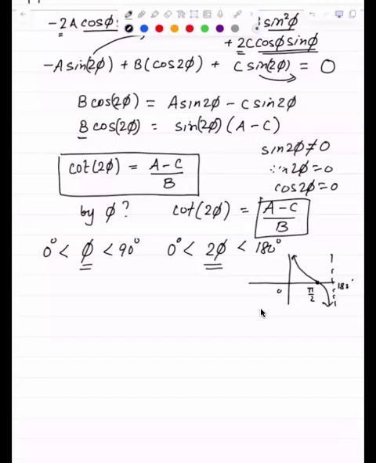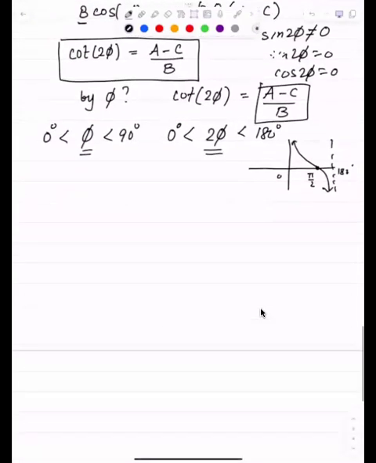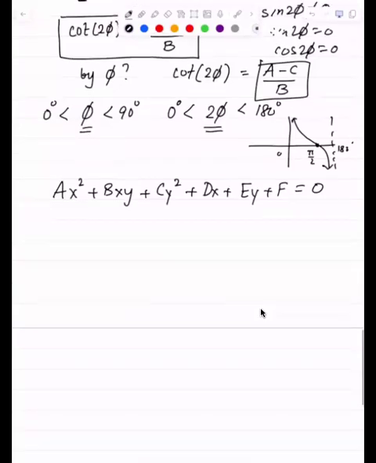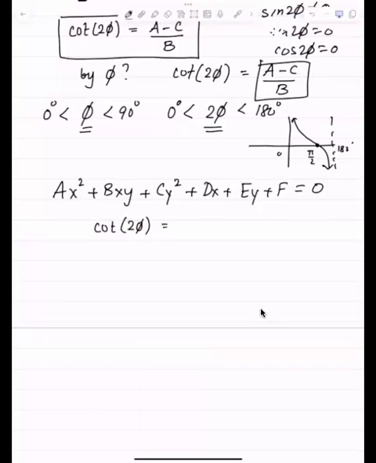So again, bottom line, what is the big idea here, the thing that we take away from this? If we have something in the form ax squared plus bxy plus cy squared plus dx plus ey plus f equals 0, and we want to sketch the graph of this, what we are going to do is first find the angle such that cotangent of 2 times this angle is a minus c over b.